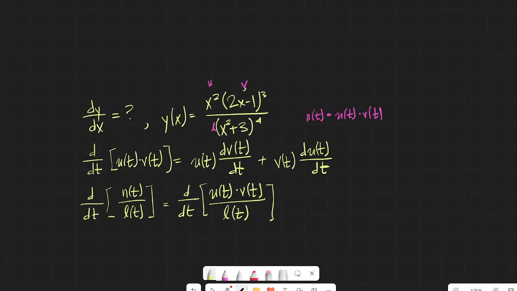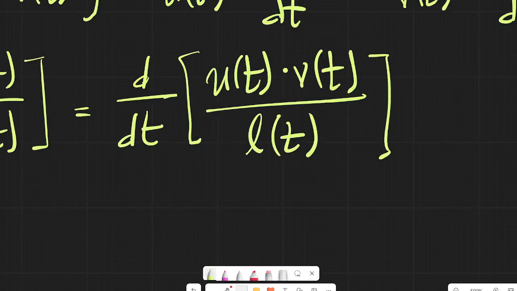And that is kind of the structure that we have for our function, right? So we just have to take the derivative of this.